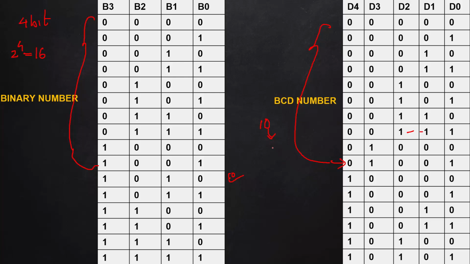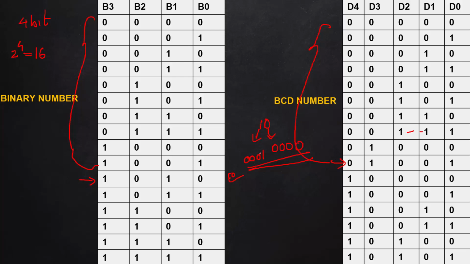So in the BCD of 10, we need to write the BCD of 1, that is 0001, and the BCD of 0, that is 0000. So this is the BCD of decimal 10. But the binary of decimal 10 is 1010. That means after 9, the BCD and binary of a decimal number are different.